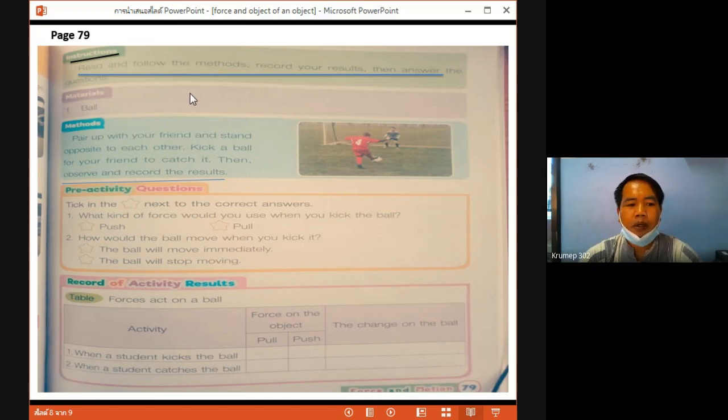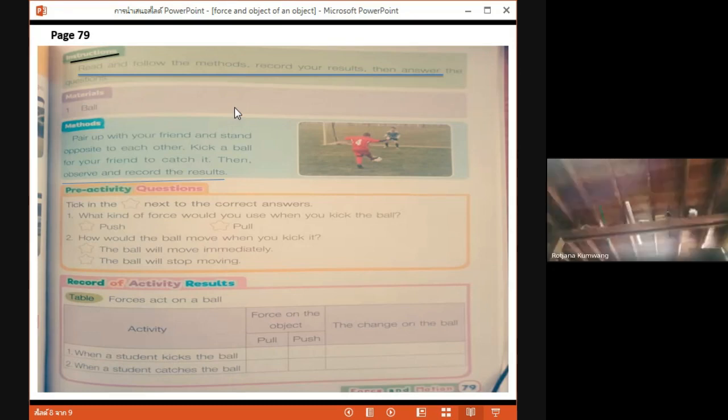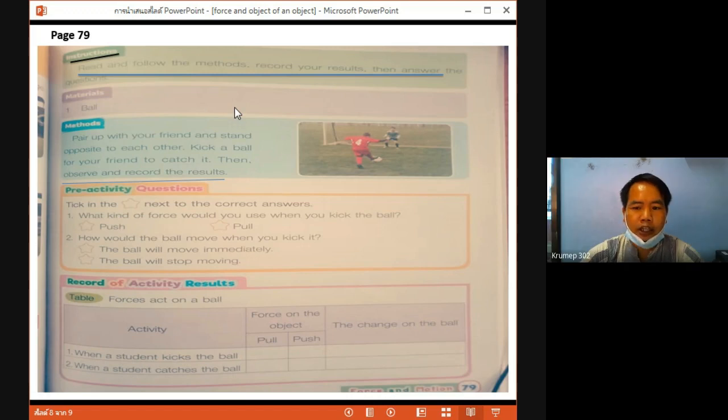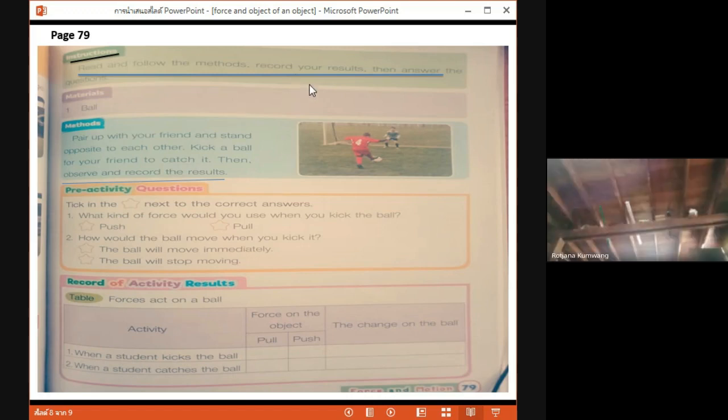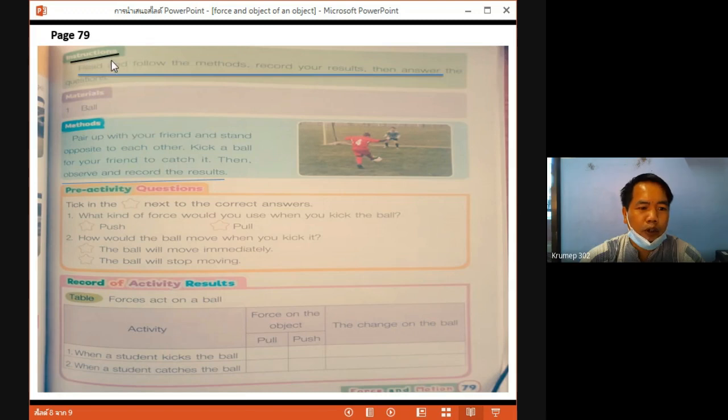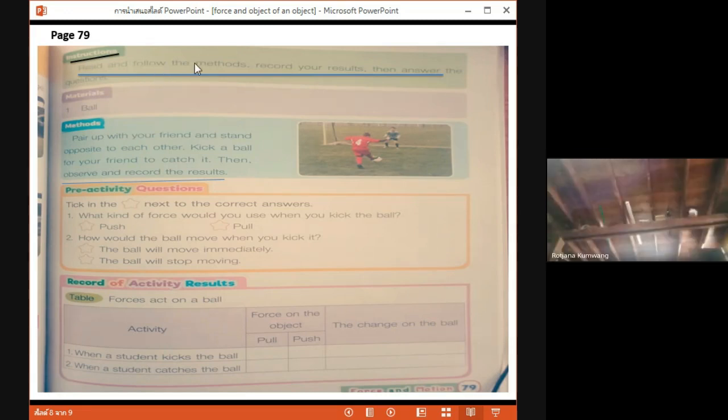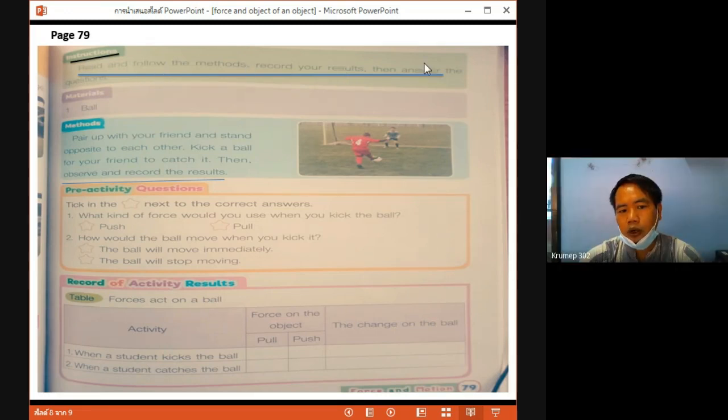So it is the same as what you did in the activity before about the experiment on change in a material when it is cold and when it is heated. So you are going to read and follow the methods, then record the result, then answer the question.